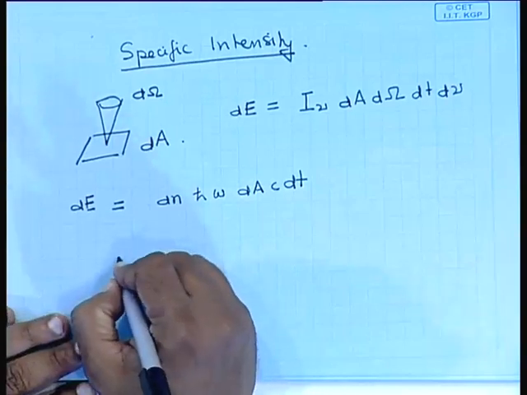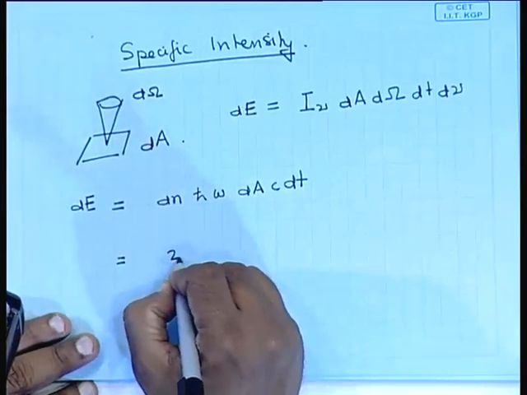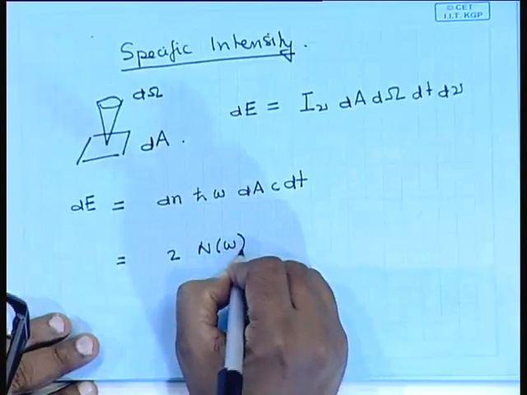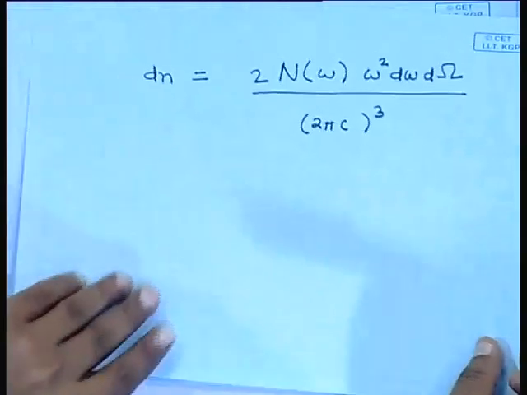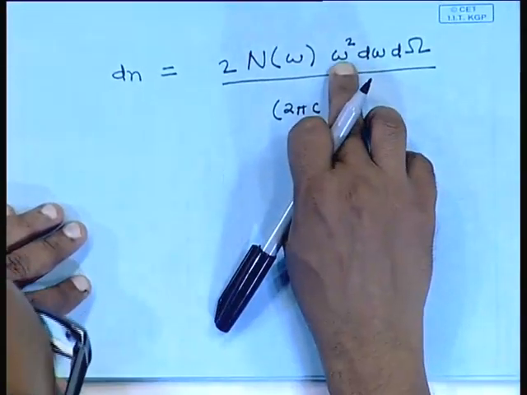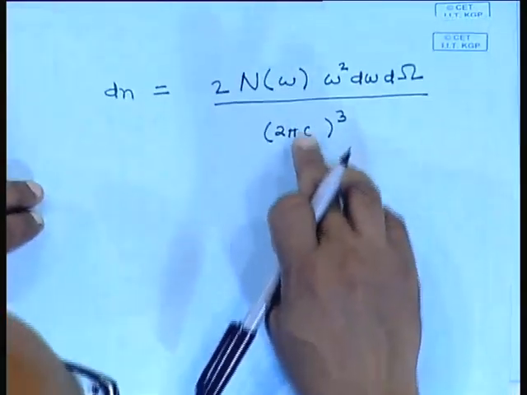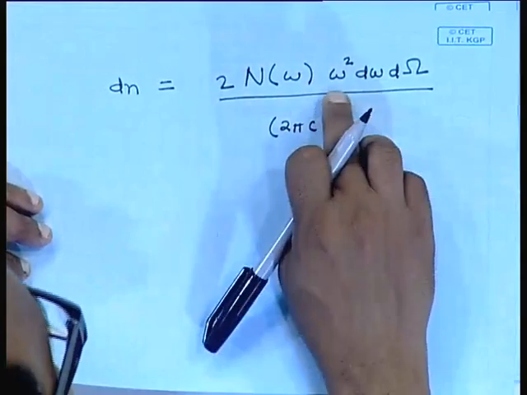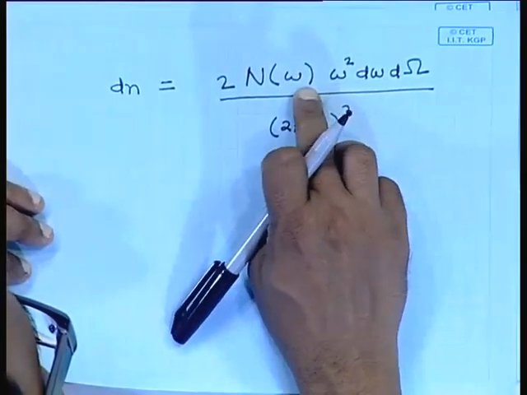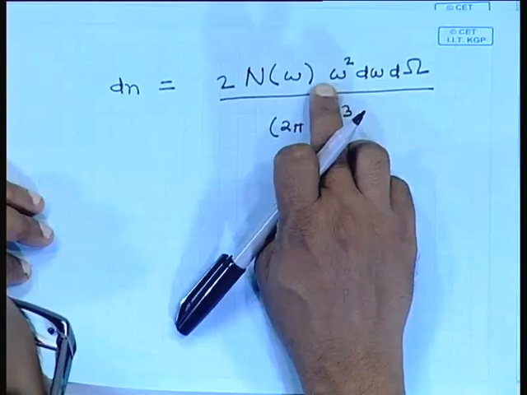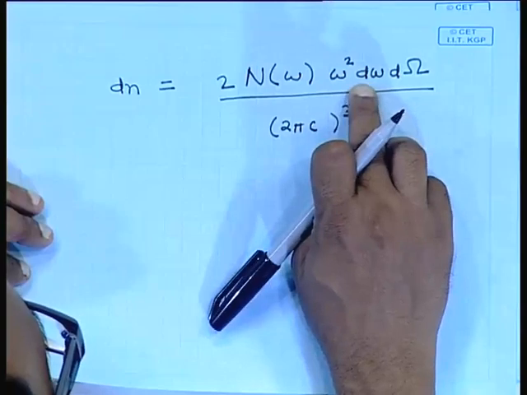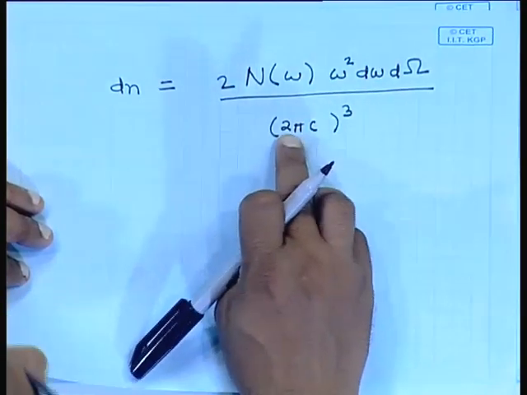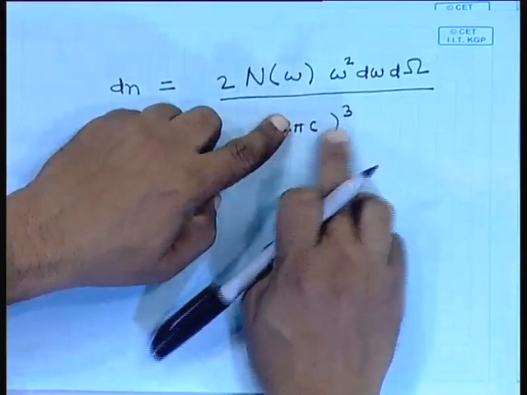Okay, so we can write this also as then 2 n omega, the occupation number, into let us switch over from this angular frequency to the frequency, because we want to compare it with this expression. So, if I switch over to the frequency, then this is equal to h cross, this is 2 pi nu. So, there will be factor of 2 pi coming from here, another factor of 2 pi. So, there will be a factor of 2 pi cube which will cancel out with this 2 pi cube over here, right.